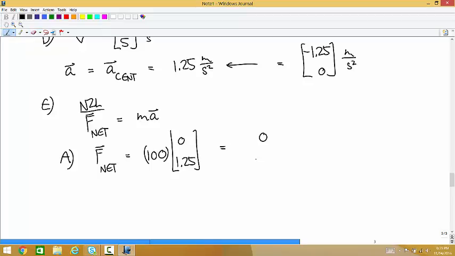So that's 0, 125 newtons. And then you just go around for each one and just plug in the new acceleration for the different points.